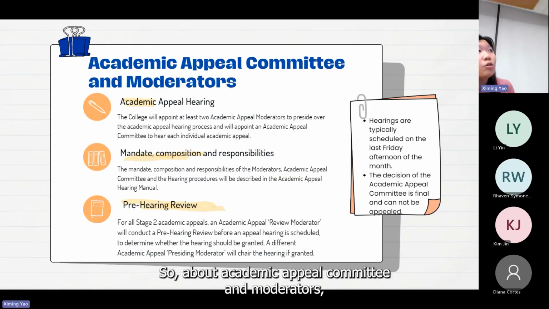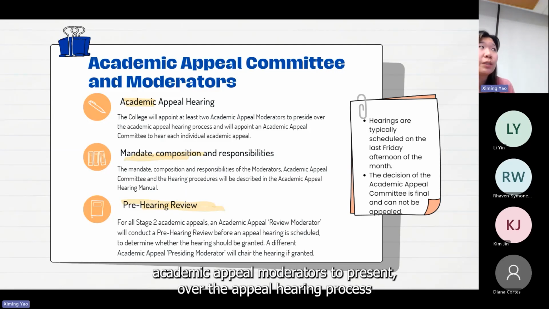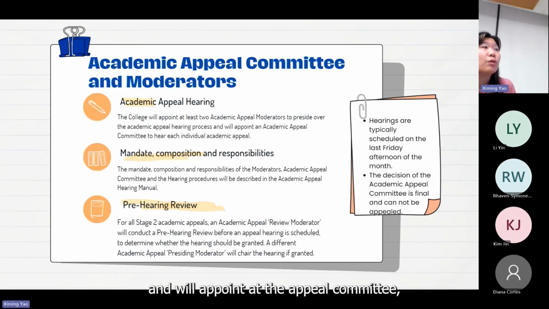So about the academic appeal committee and moderators: during an academic appeal hearing, the college will appoint at least 2 academic appeal moderators to preside over the academic appeal hearing process, and will appoint an academic appeal committee to hear each individual's academic appeal.